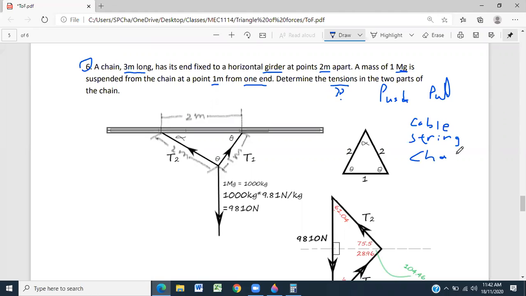So it's essentially the pulling force of these string-like materials, these cables, these chains, these ropes. So that's what tension is. It's the pulling force. So when you see tension for this class, just think force and then go about your calculations, all right?